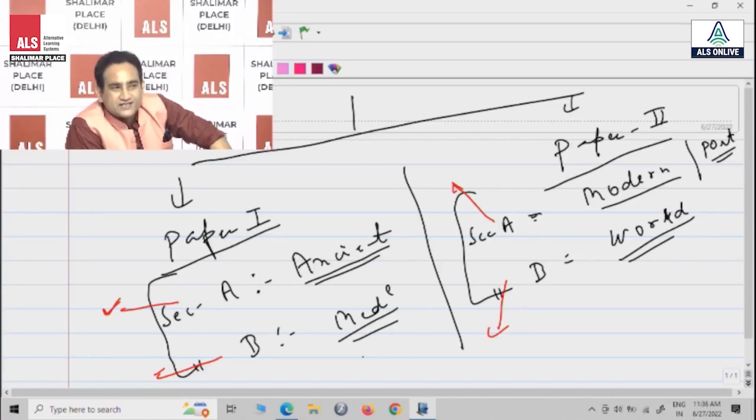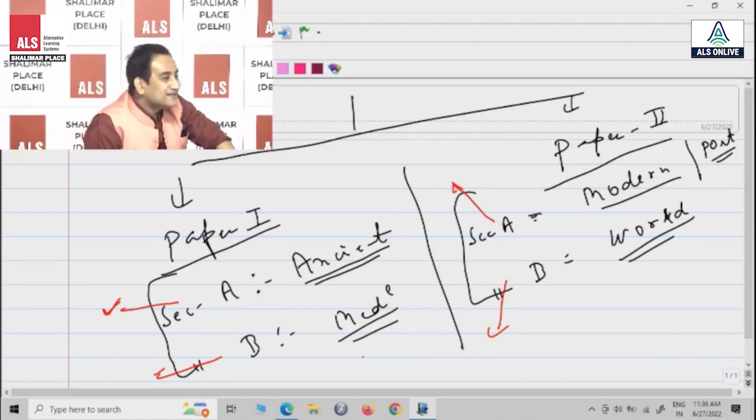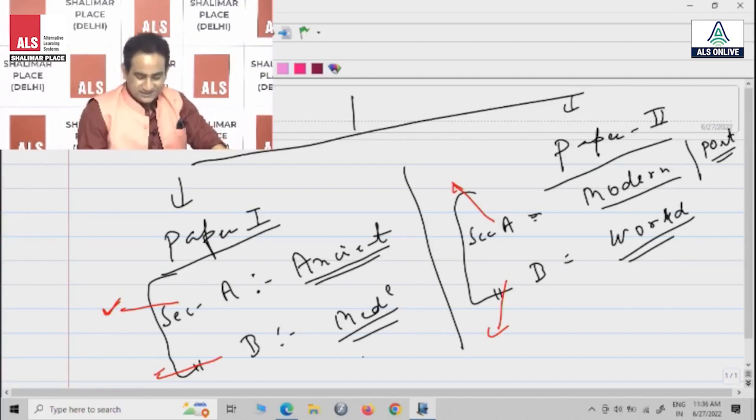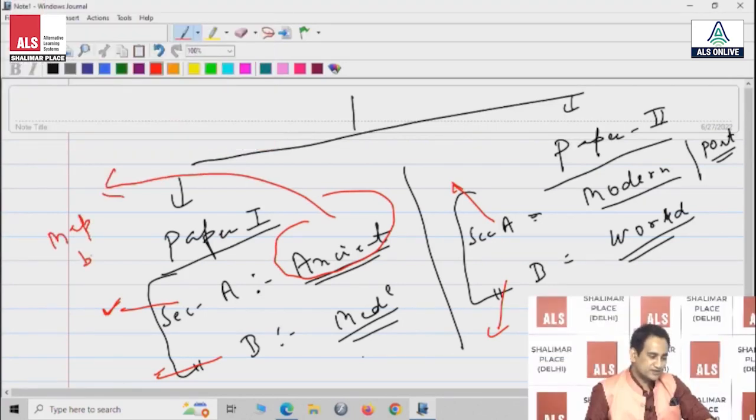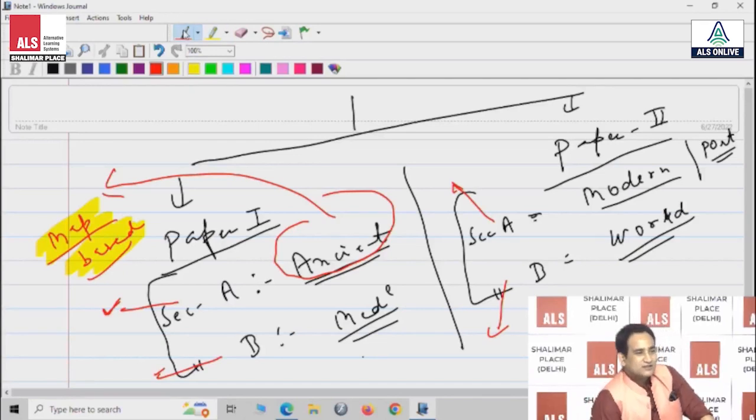But in ancient, question number 1 is slightly challenging. Why? Can you tell me? Map-based question. Here, in ancient India, question number 1, they are giving you a map-based question. It is the most challenging part of history optional. Anyone who is preparing for history optional will tell you that this is the challenge.